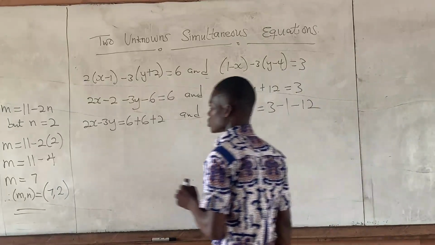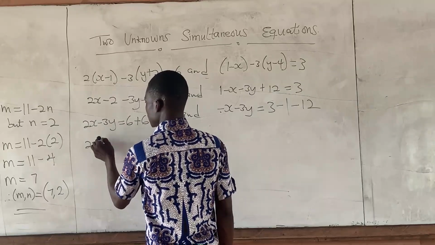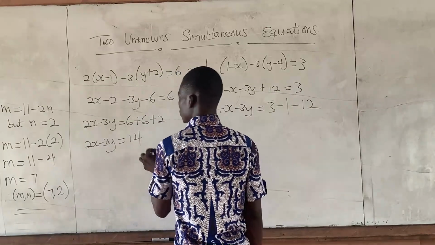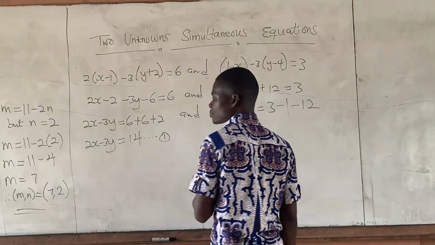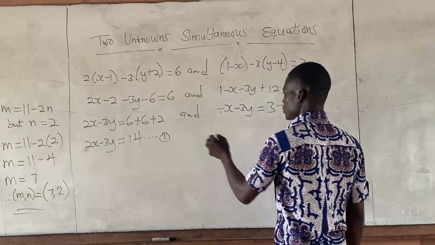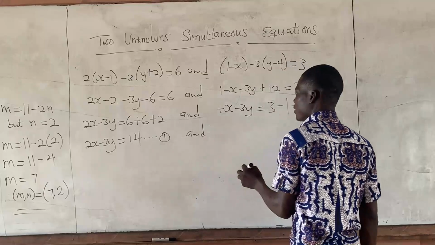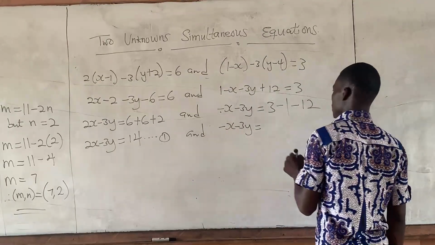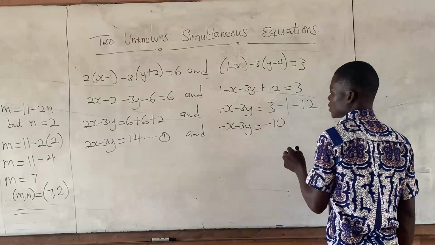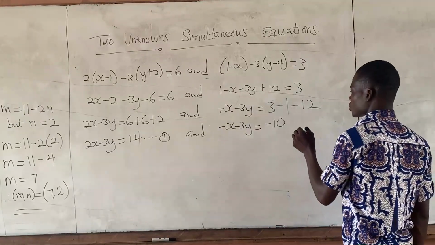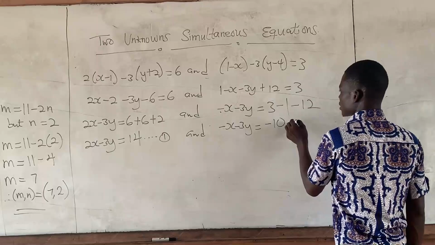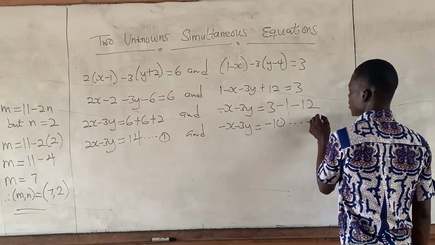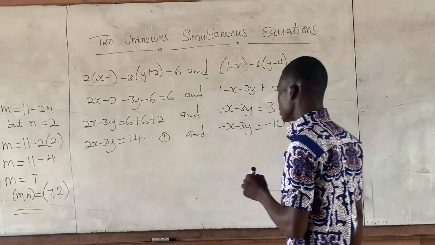So we have 2x minus 3y is equal to 14. Let's name this one equation 1. And we have minus x minus 3y is equal to negative 10. Let's name this one equation number 2.